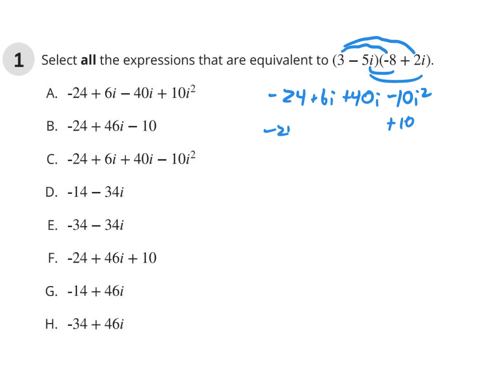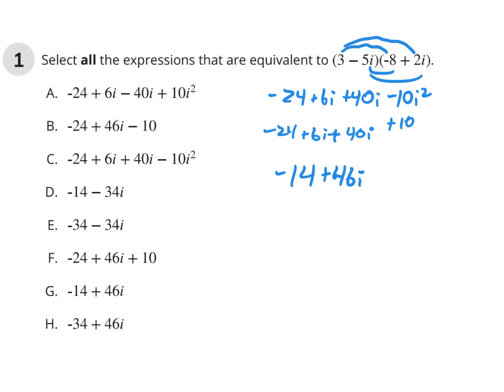So negative 24 plus 6i plus 40i plus 10 are our 4 terms. Negative 14 plus 46i.